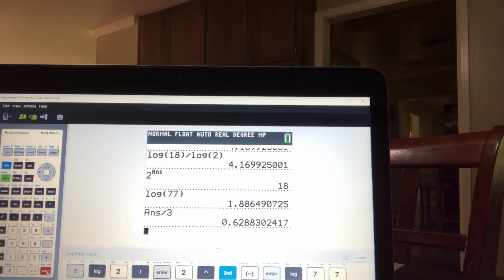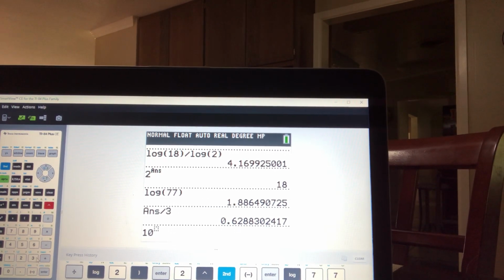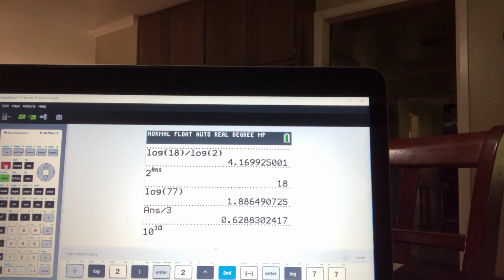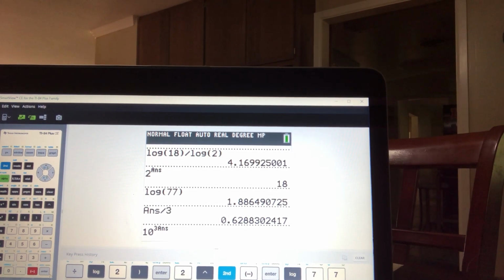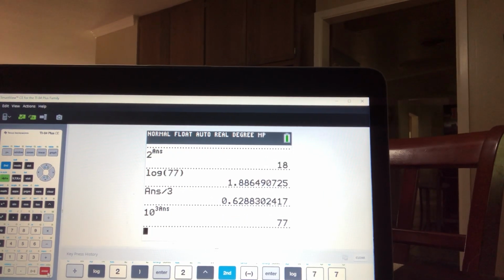And you would be able to check this by plugging it back into the original equation. So it would be 10 raised to the power of 3 times the answer. So if you put in 3 times the answer, you would get the original number 77.